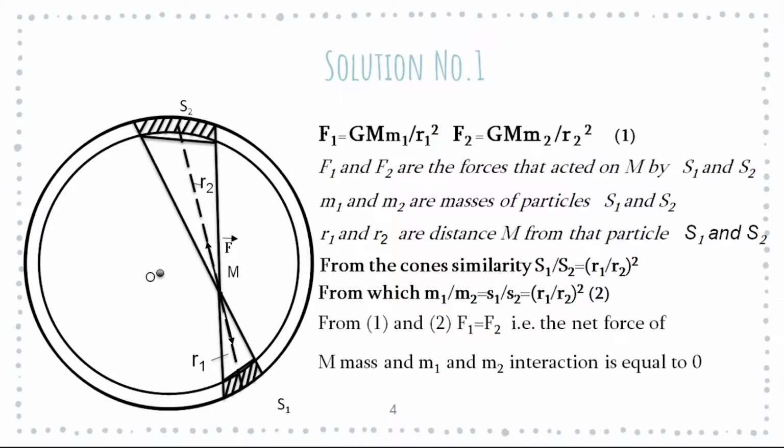In these formulas, M1 and M2 are the masses of particles S1 and S2, and R1 and R2 are the distances from M to the particles.